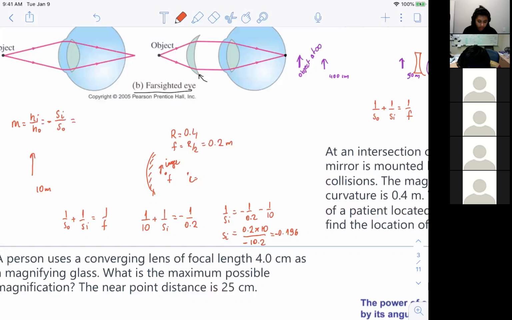So the location of the image is minus 0.196 divided by 10, and it's going to be 0.0196. So it's about 2% of the object. Okay.